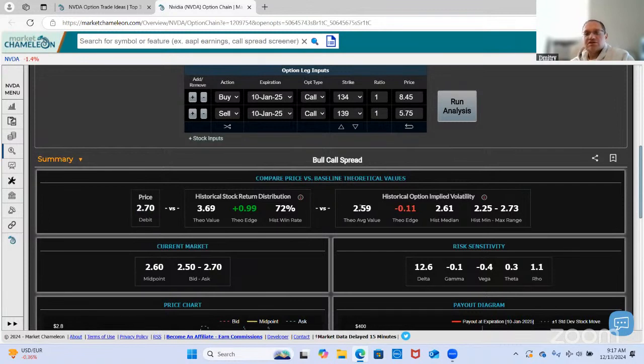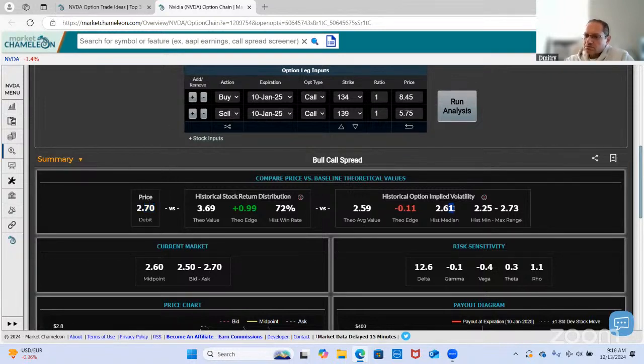It doesn't mean it's necessarily a bad trade, but these are the benchmarks, and we'd have to sit there and justify, am I willing to do that? Which in this case would be 11 cents negative theoretical edge. We'd be paying 11 cents above.